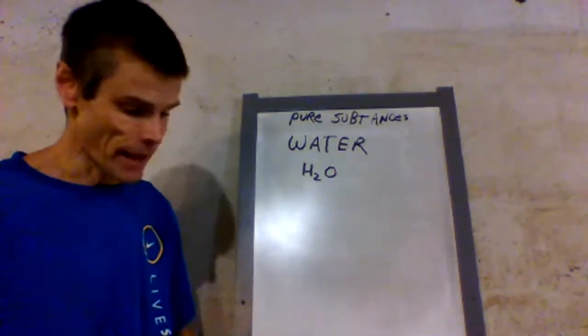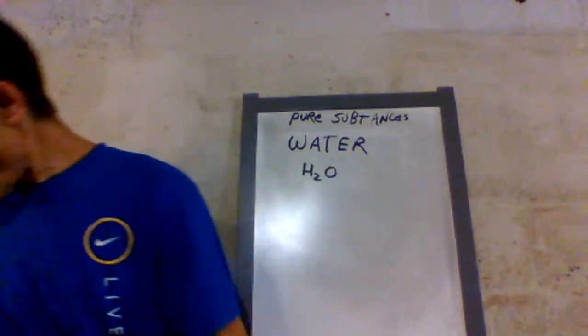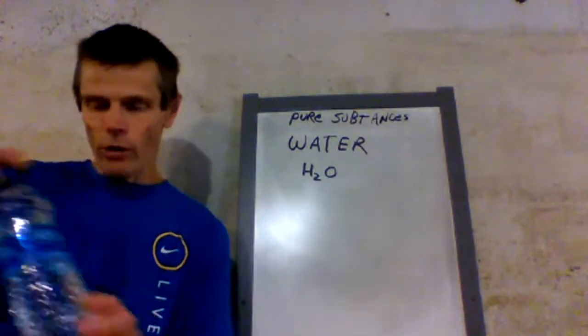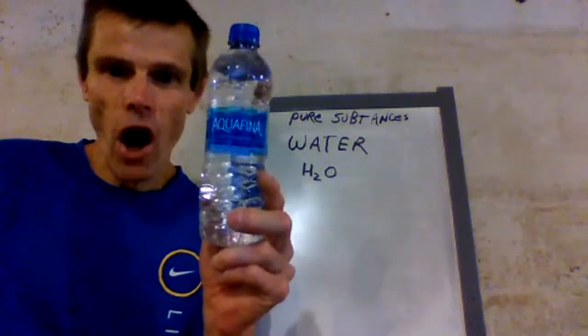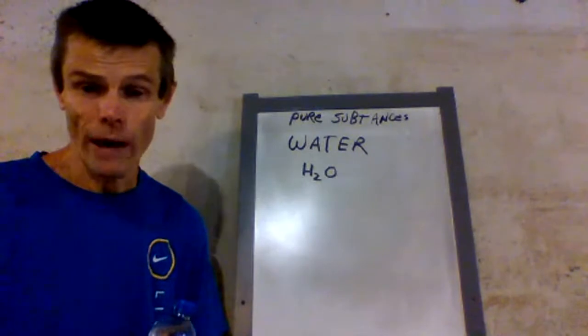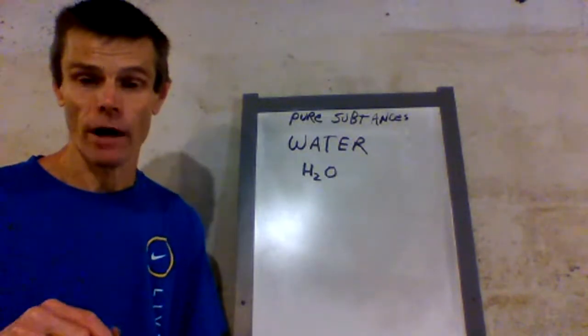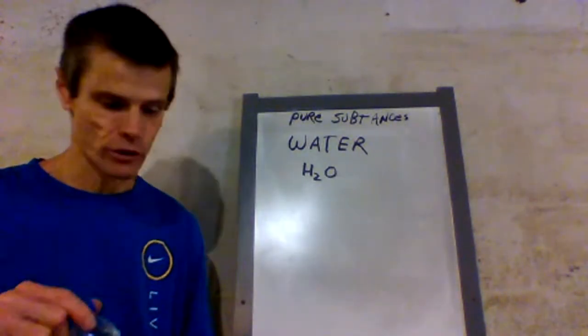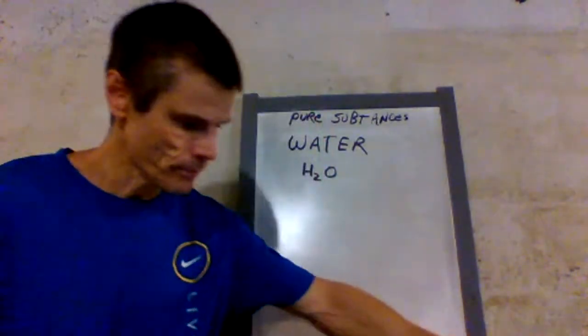If we collect it in the laboratory in a large Nalgene bottle, if we go to a store and buy Aquafina, pure water, it's composed of two atoms of hydrogen and one atom of oxygen. Fixed composition. There's my water bottle.